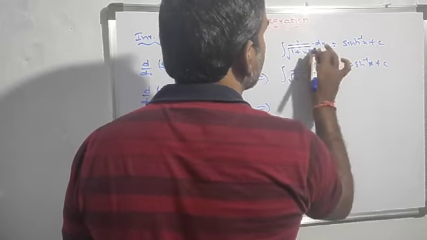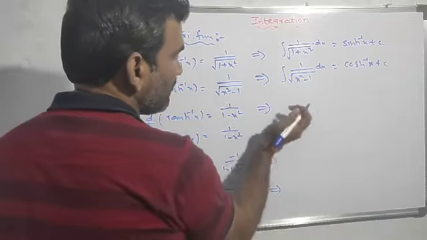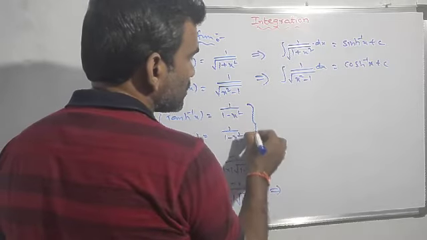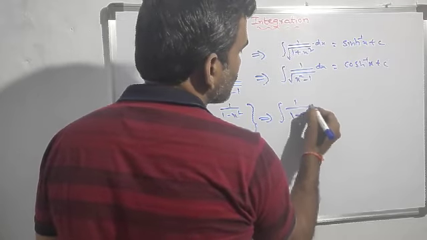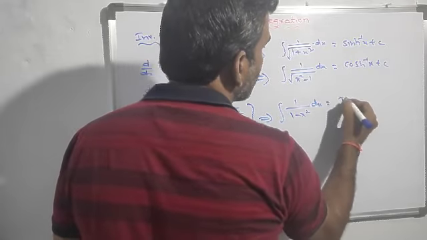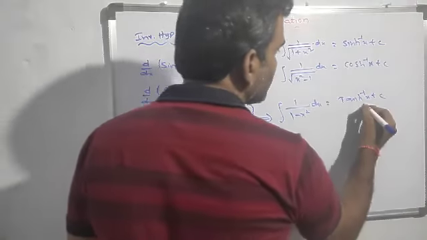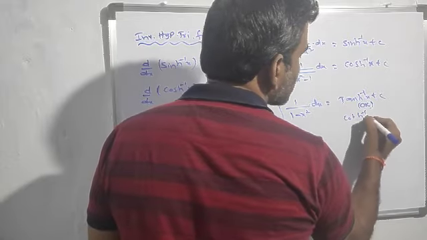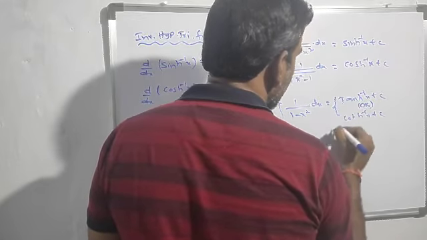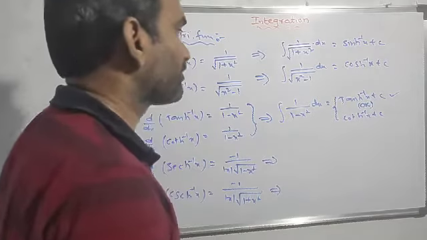Here both values are the same, so we can write integration of 1 by 1 minus x square into dx as tan h inverse x plus c, or cot h inverse x plus c. We have two formulas, but we prefer this one.